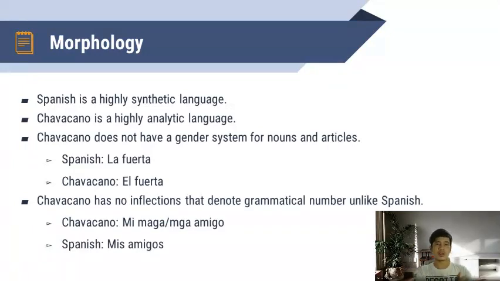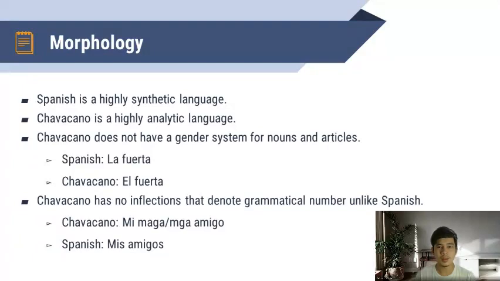So these words, universidad, nariz, and canción, are actually feminine form because their ending letters include AD for universidad, letter Z for nariz, and ION for canción. So this marking system, letter A, letter Z, letters AD, and letters ION, denote feminine gender in Spanish, unlike in Chavacano, where they do not.